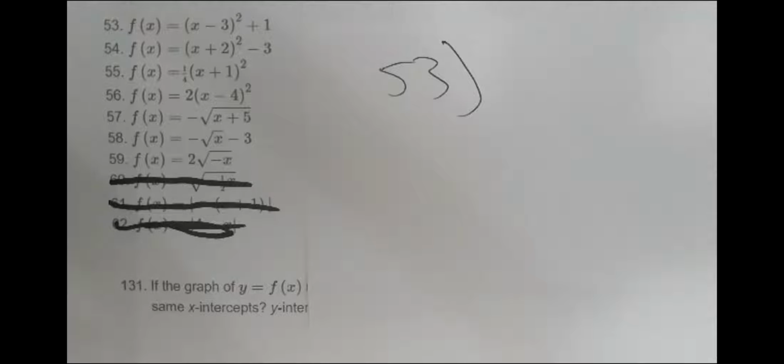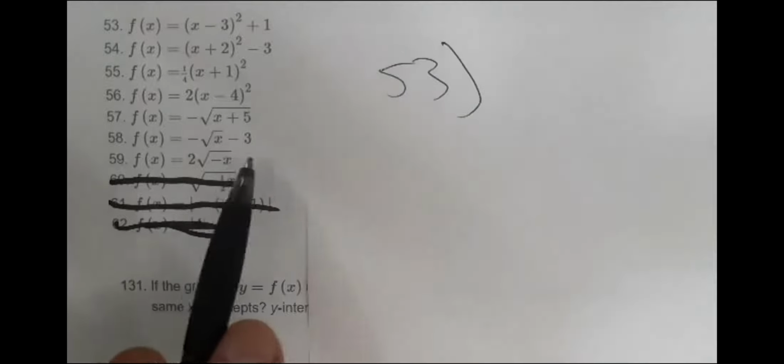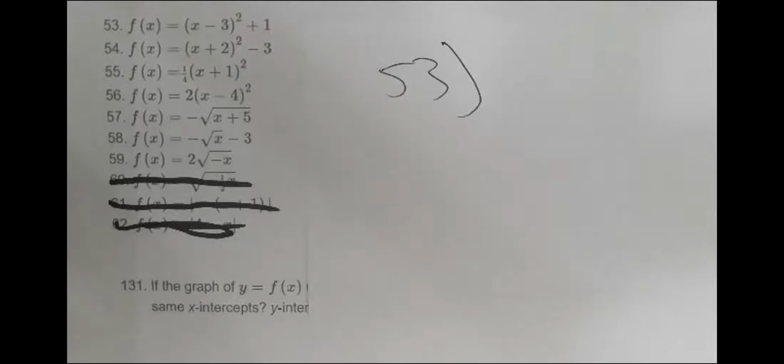But if they did the vertical shift, if they did the -3, then the question is, you're not really reflecting over the x-axis anymore, right? You're reflecting over the x plus 3 or something like that. Yeah, you have to pull it out. It gets confusing. Anyway.